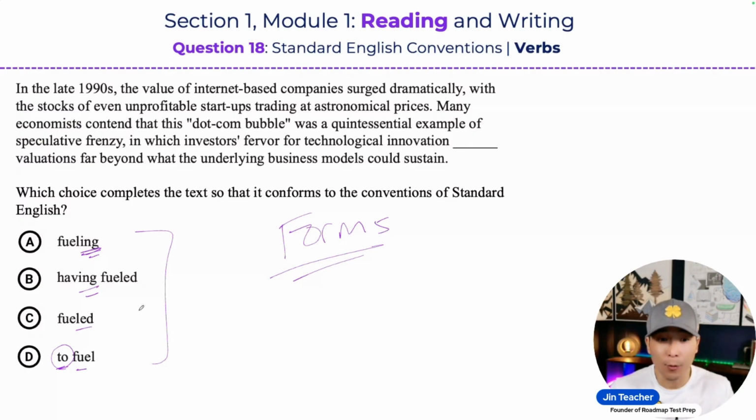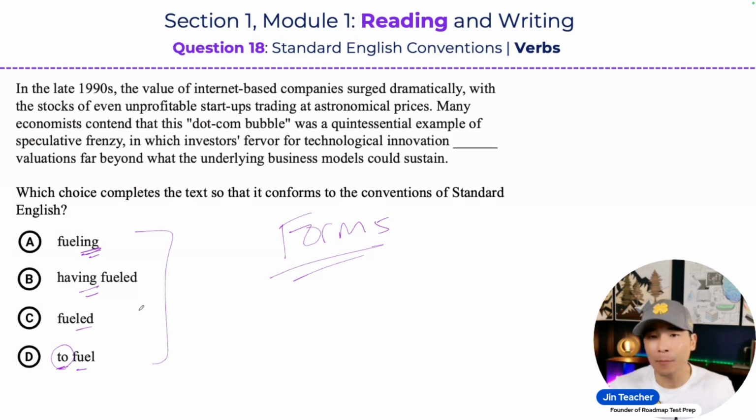Now, why is this important, or how do I want you to use this? I taught you in other videos that before you start reading the passage, I want you to take a bird's eye view of the answer choices. This is what I've been doing at the start of a lot of these videos. Taking a bird's eye view of the answer choices lets you know what concept or question type you're going to be tested on.